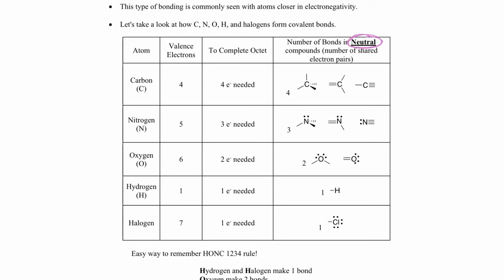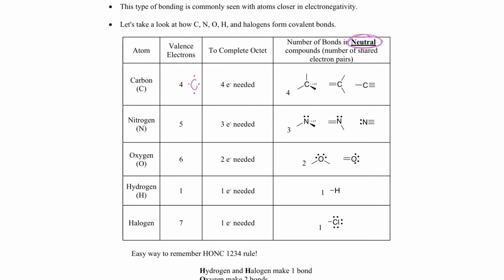It's in most organic compounds, and it has 4 valence electrons. So if we were just drawing the carbon atom, this is the 4 valence electrons. You wouldn't pair those electrons up unless you had to. And you need 4 more electrons to complete octet, meaning that you have to form 4 covalent bonds.